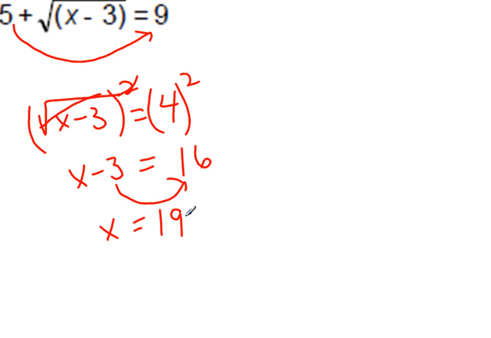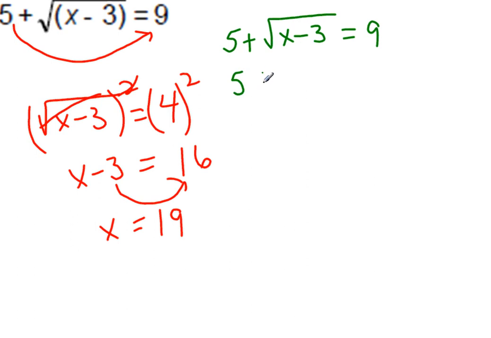So now I'm going to step number 4, which means I'm going to check it. I go back to the original equation, and I'm going to put 19 in for x. So I have 5 plus the square root of x minus 3 equals 9. Notice I went back to my original equation.